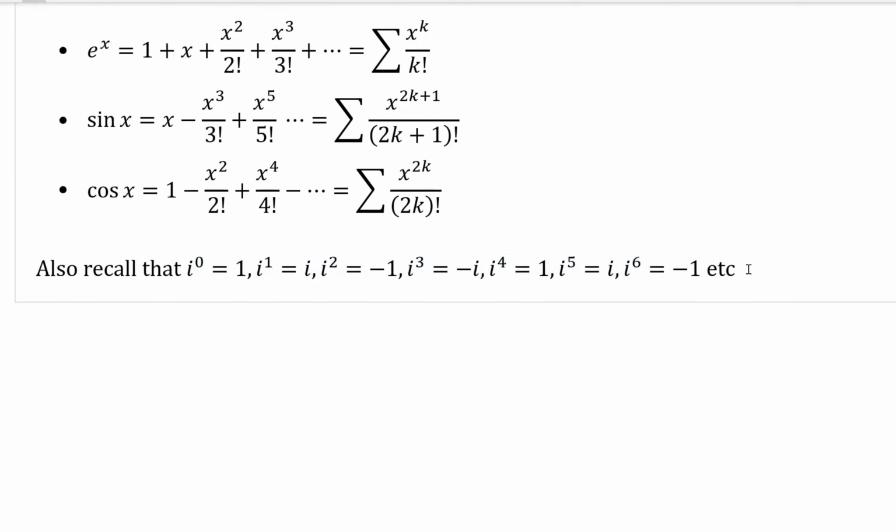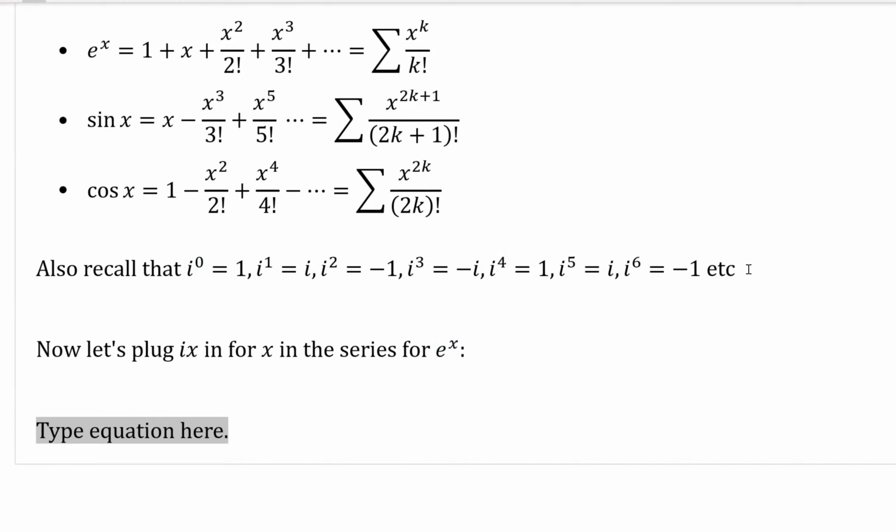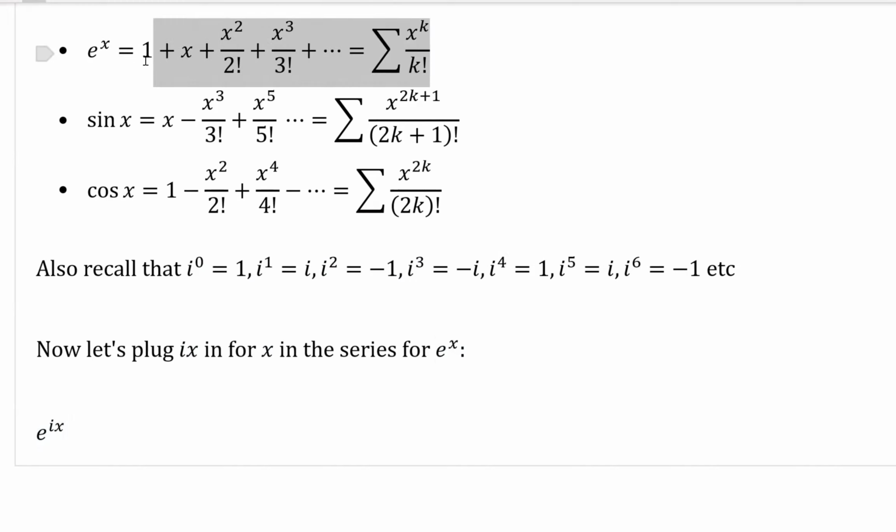All right. So now let's plug ix in for x in the series for e to the x. That would give us e to the ix. Well, let's just take this series and replace all of the x's with ix's.